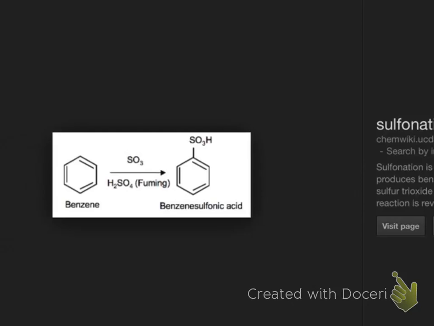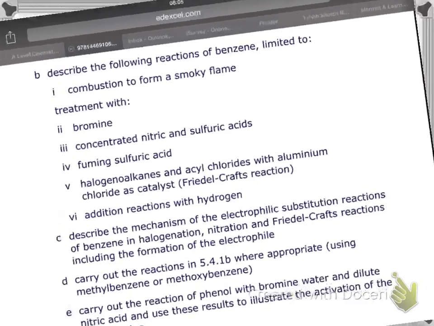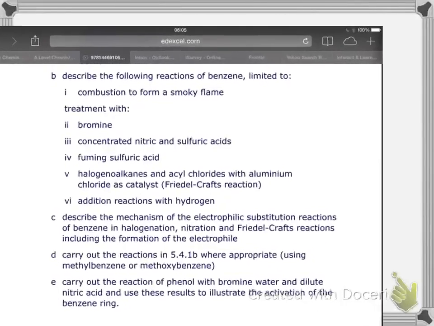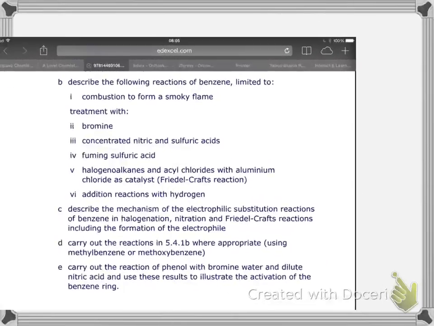Okay, so in this video we've gone through a whistle-stop tour looking at the treatment of benzene with sulfuric acid, the treatment of benzene with bromine, the reaction to form a smoky flame, the treatment with nitric acid and sulfuric acid, treatment with fuming sulfuric acid, with halogenoalkanes to form acyl chlorides, and the addition reactions with hydrogen.